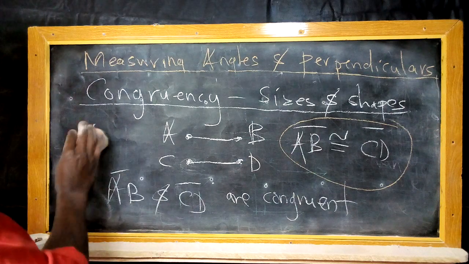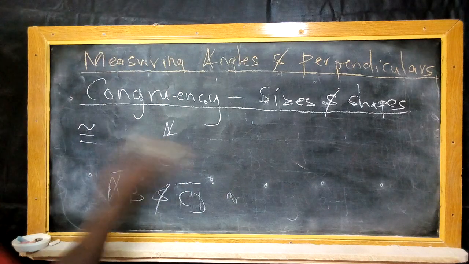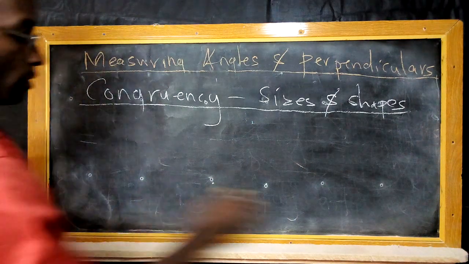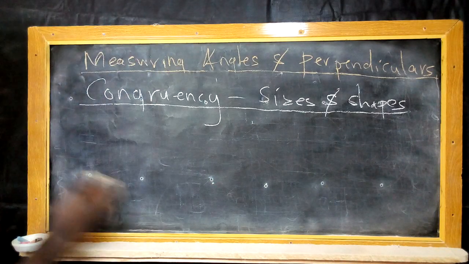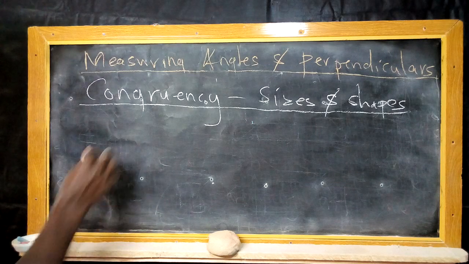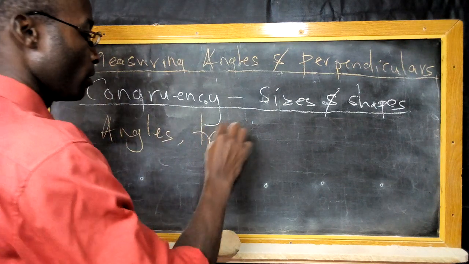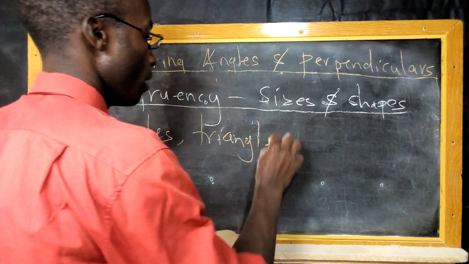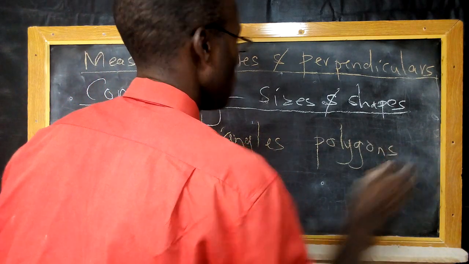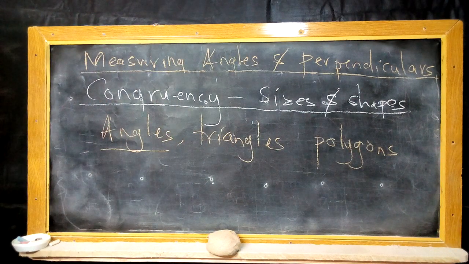So in this case, it's not only segments that can be congruent, but as well angles, triangles, polygons. Now in summary, we have just defined what angles are.